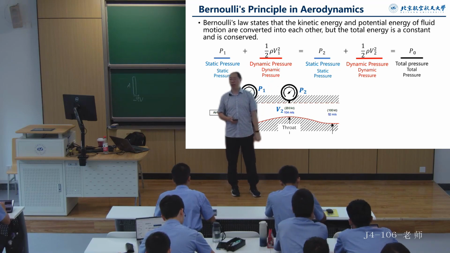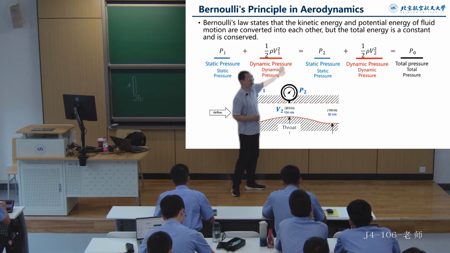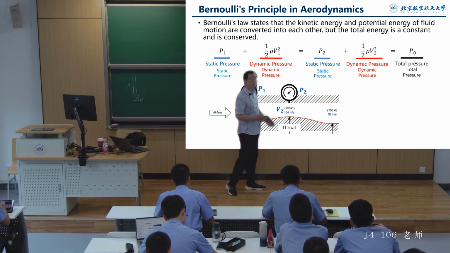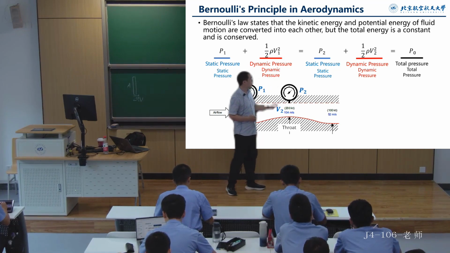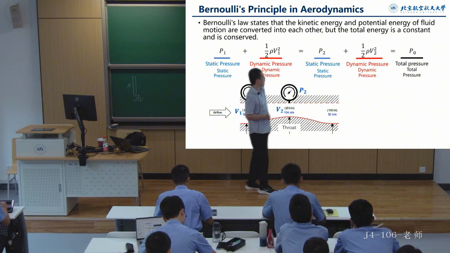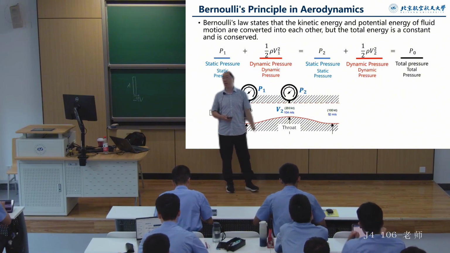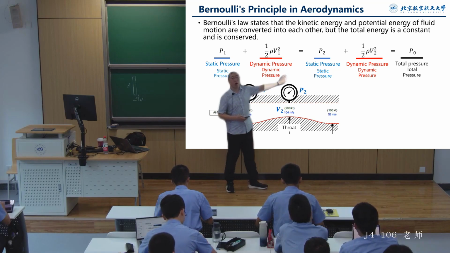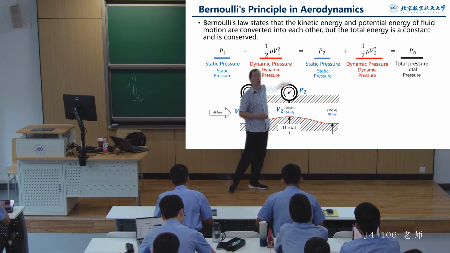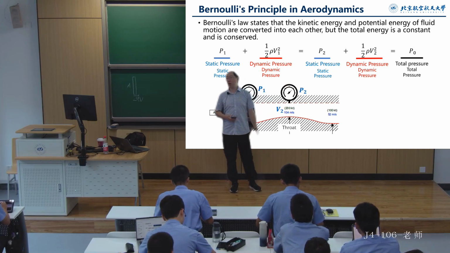When discussing Bernoulli's principle, static pressure refers to the reading if we place a pressure gauge, or more precisely, a pressure sensor here, and this gauge directly provides a reading. This reading is what we refer to as static pressure.